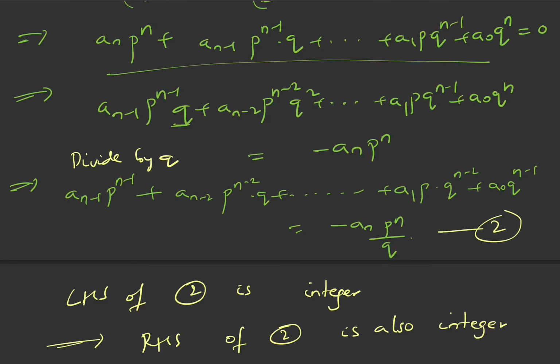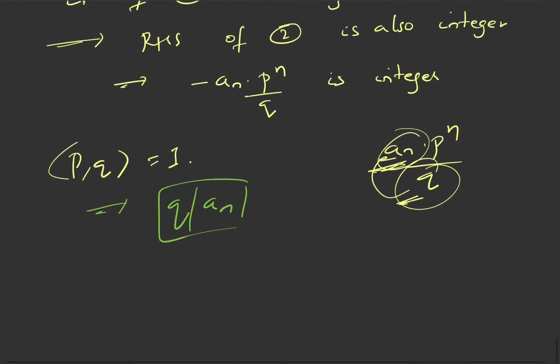So for that, what I am doing is, in this equation, I am taking this a naught q power n to the other side.